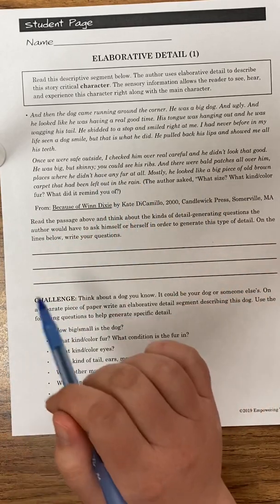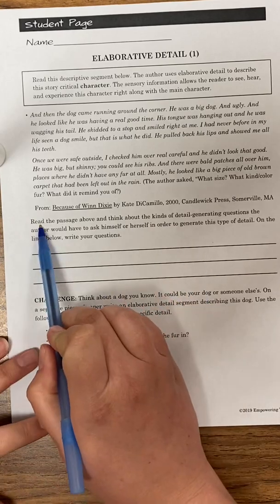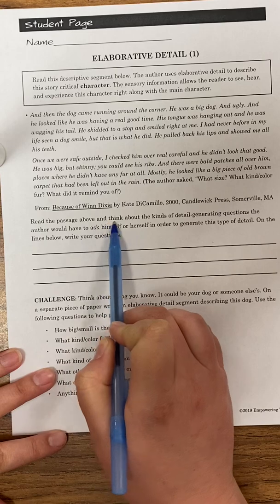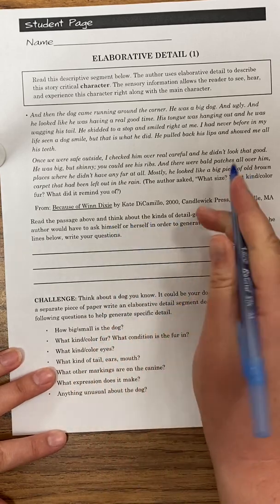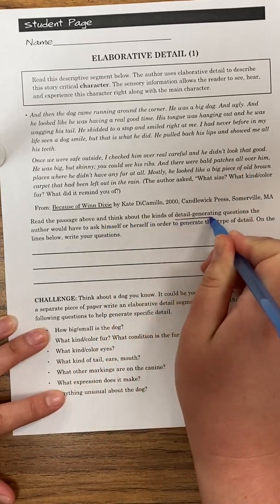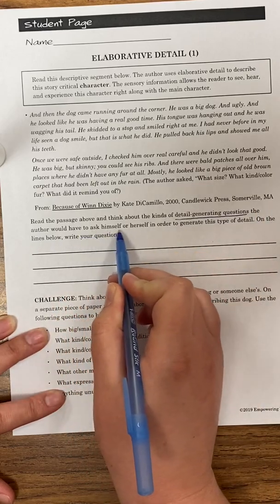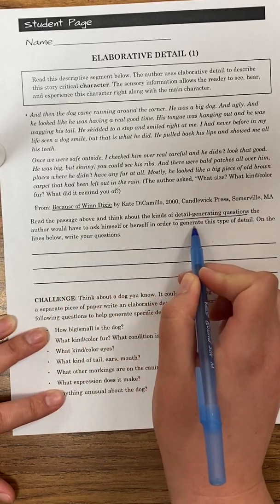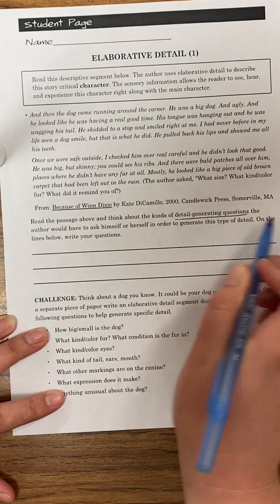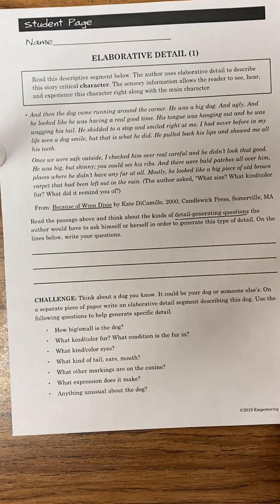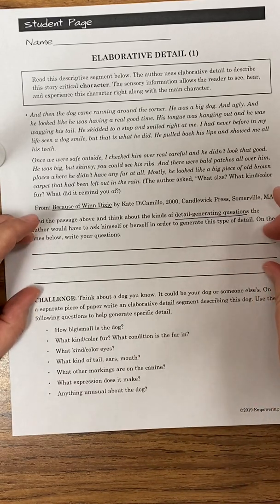So now with that being in place, let's go to right here. Read the passage above, which we did, and think about the kinds of detail-generating questions the author would have to ask himself or herself in order to generate this type of detail. On the lines below, write your questions. So boys and girls, I'm going to model this for you.